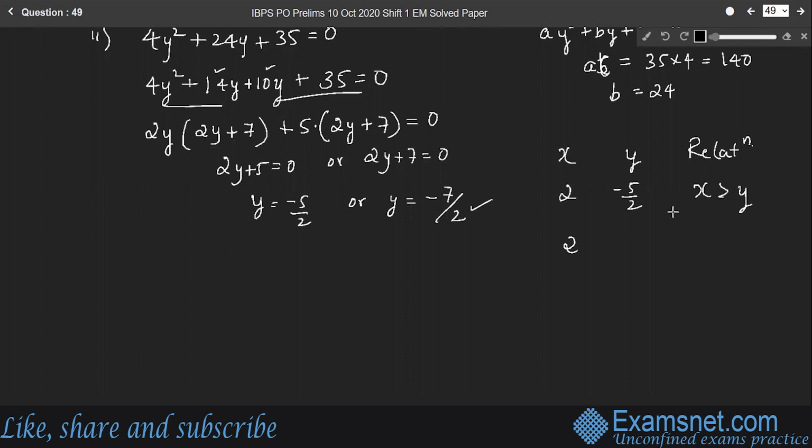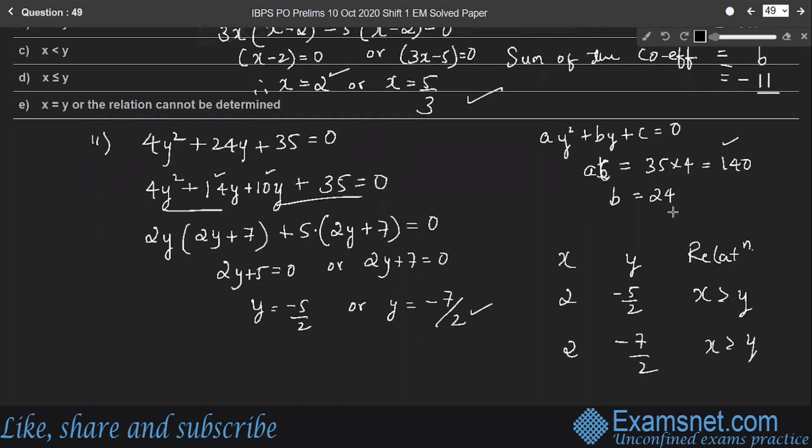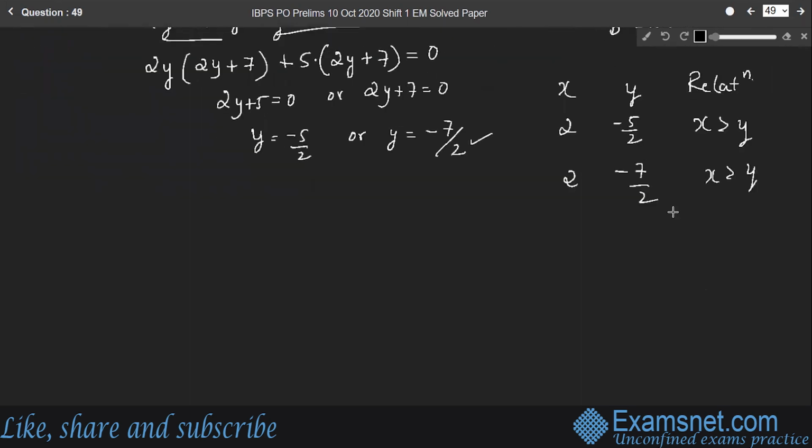Again, if x is 2, y is minus 7 by 2, x is greater than y. If x is 5 by 3, which is greater than 1, and y is minus 5 by 2, again x is greater than y. In the last case also, if y is minus 7 by 2, x is greater than y.